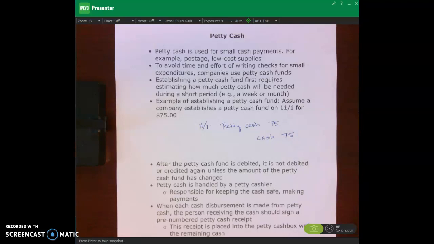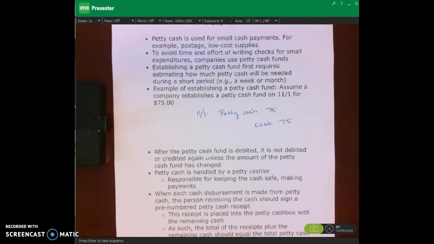Okay? So after that petty cash fund is debited, it's not going to be debited or credited again unless the amount of the petty cash fund needs to be changed. So for example, we have $75 in here, but if we see that we're burning through petty cash quite frequently, like we establish it for a month period, and then we start saying, well, gee, we're running out of petty cash here and we have to keep replenishing the petty cash fund, maybe what we want to do is just increase the amount in petty cash.